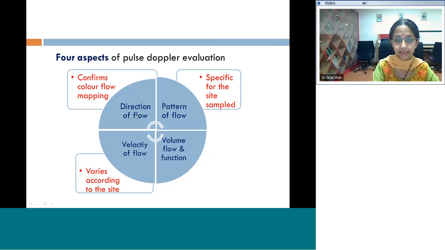The second is it's going to tell us the velocity of the flow, and it's important for us to know what is the normal velocity at different sites. It's also going to tell us the pattern of flow, in the sense in which direction it is going. And the last is it's going to tell us the volume, flow, and function, which we are going to see in a short detail at the end of the talk.